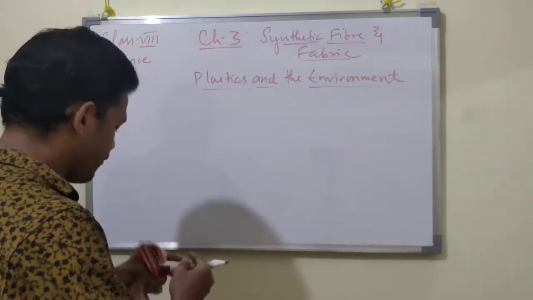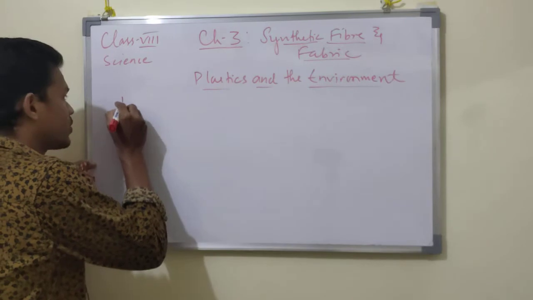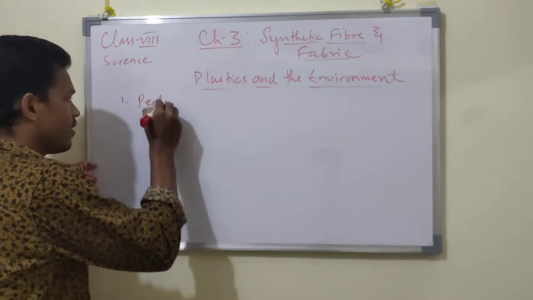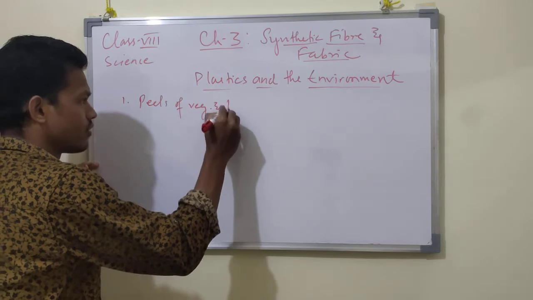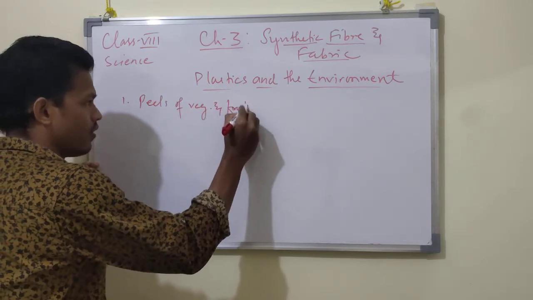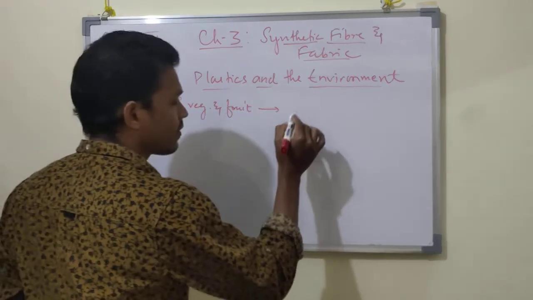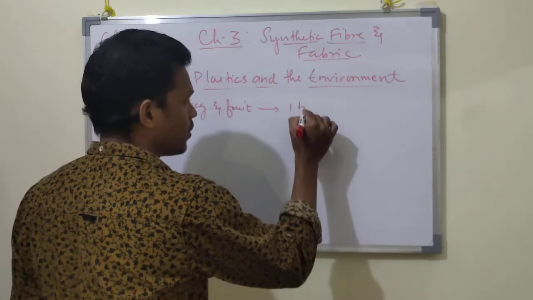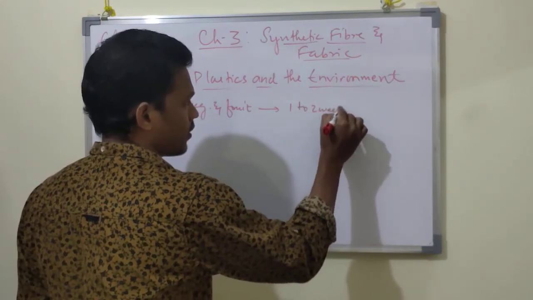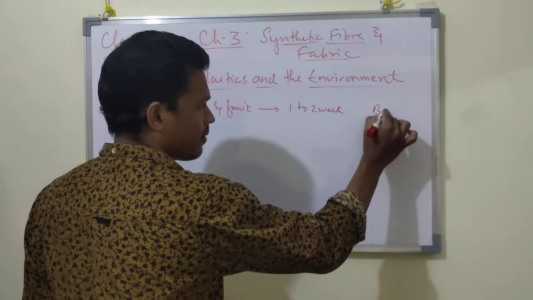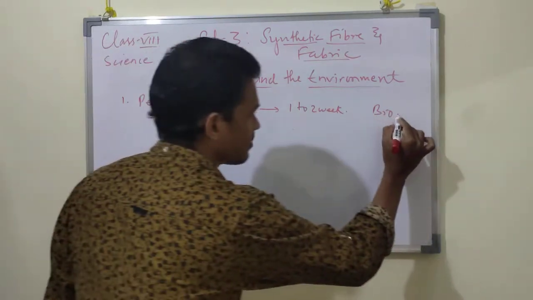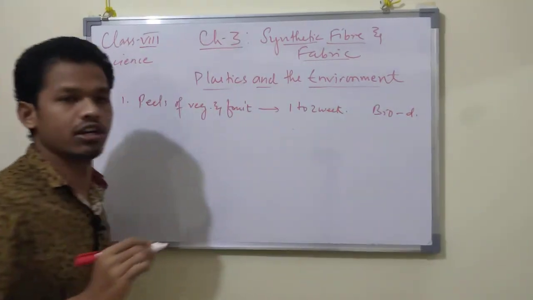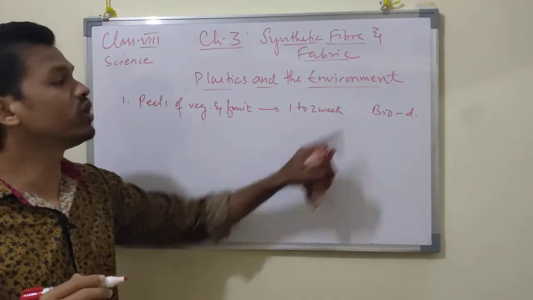First, peels of vegetables and fruits will take 1 to 2 weeks.